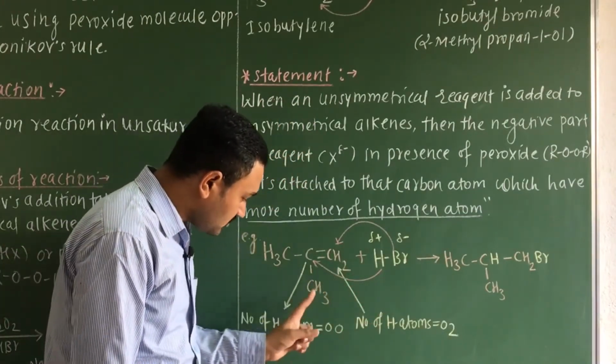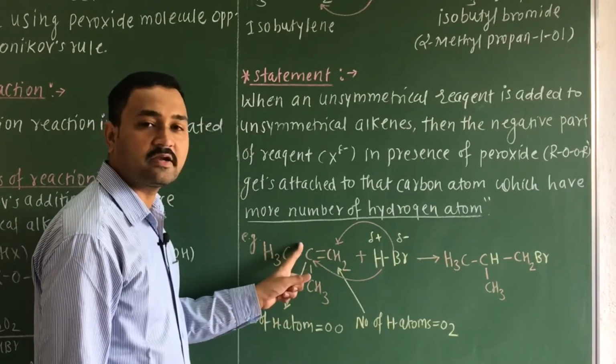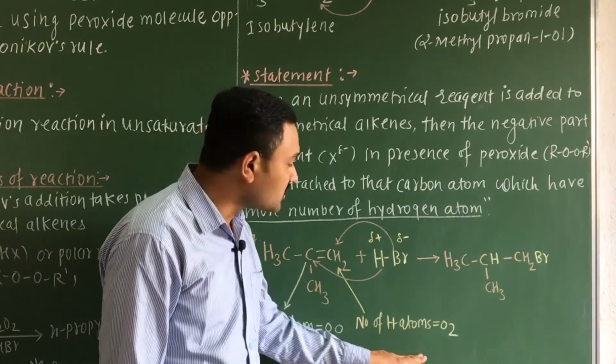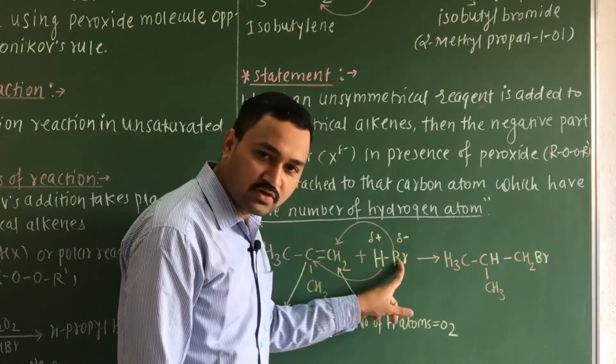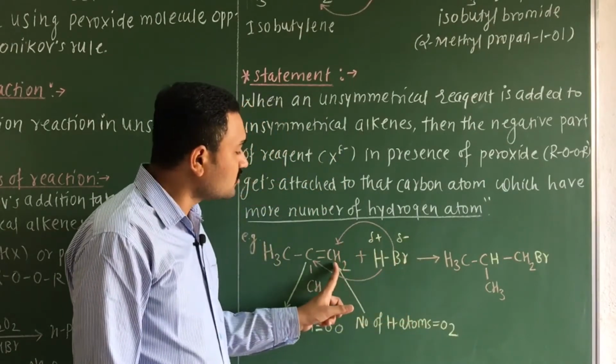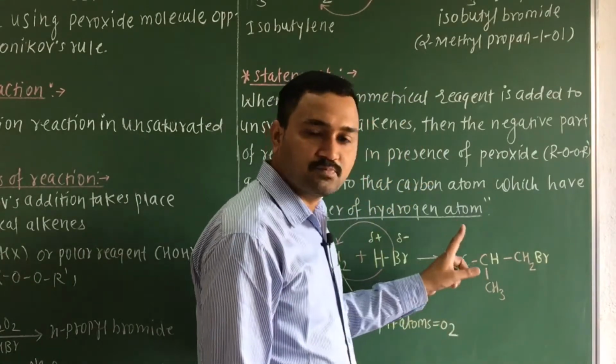Now in the case of isobutylene, the number of hydrogen atoms on this particular unsaturated carbon atom is 0, while on this CH2 group there are 2 hydrogen atoms. So the negative part of your reagent, that is Br minus, will attach to the CH2 group and we will get isobutyl bromide as a product.